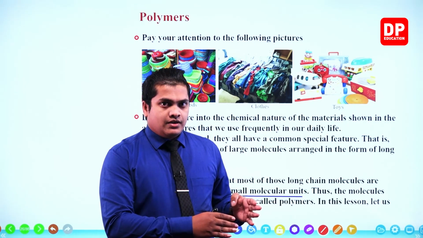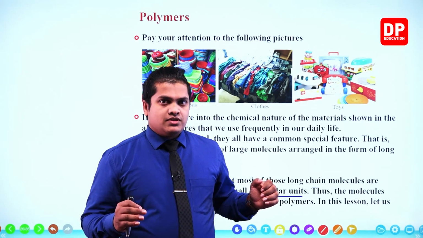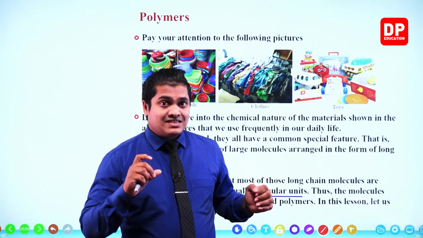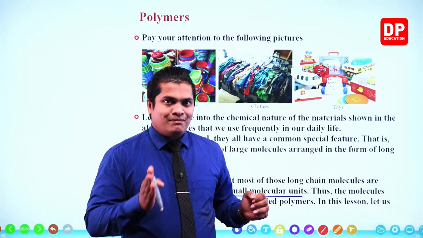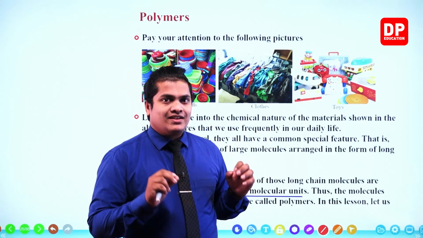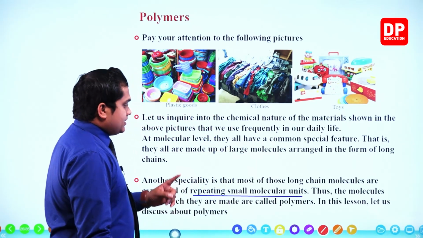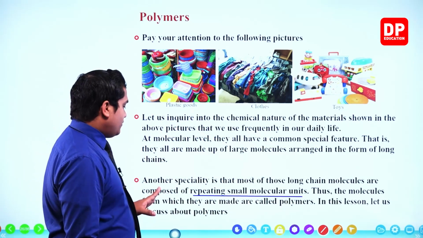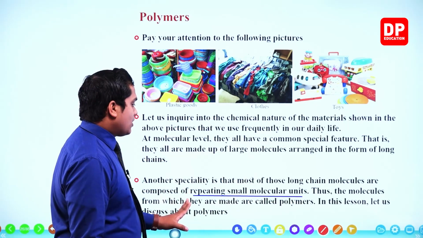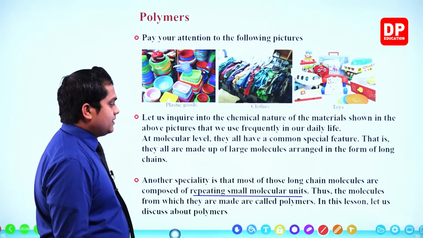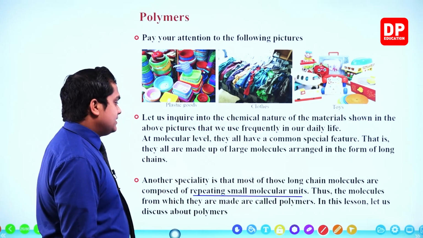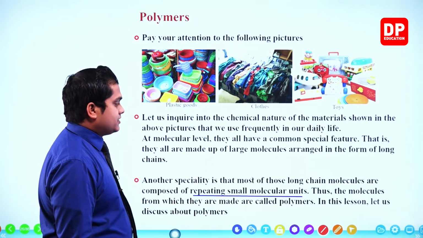A large number of the same molecule is going to repeatedly bond with each other to create this very large molecule. Thus, the molecules made this way are called polymers. In this lesson, let us discuss polymers then.